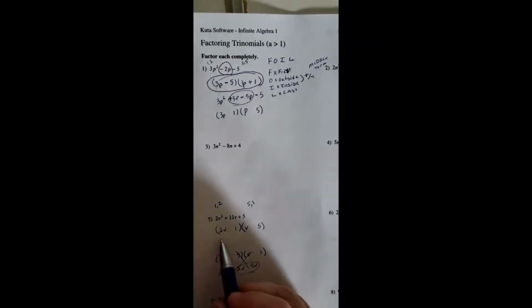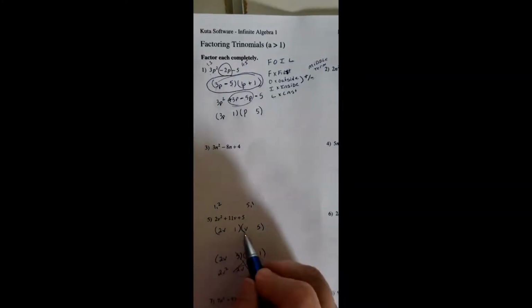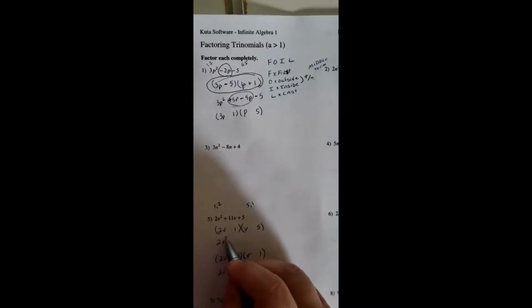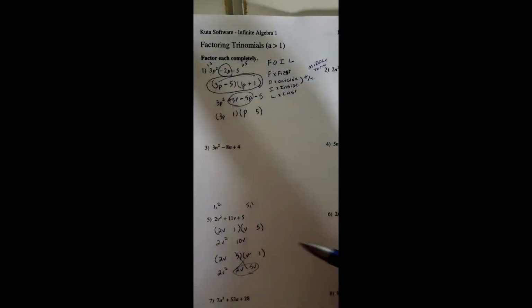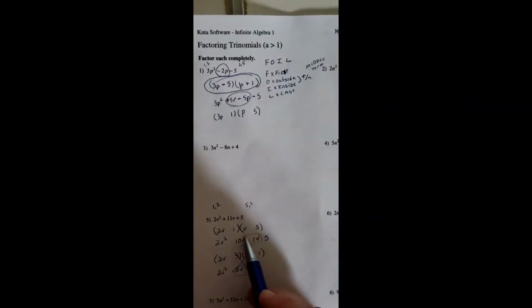Let's try this one. So we have first times first is 2v squared. Outside times outside is 10v. Inside times inside is 1v. And last times last is 5. Is it possible that these two numbers will give me a positive 11v?